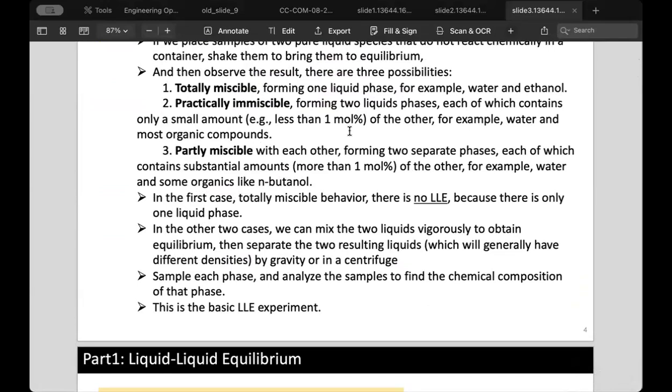First, when both are totally miscible, what happens? If both liquids we mix are totally miscible, for example, we have water and ethanol. We mix water with ethanol. What happens?